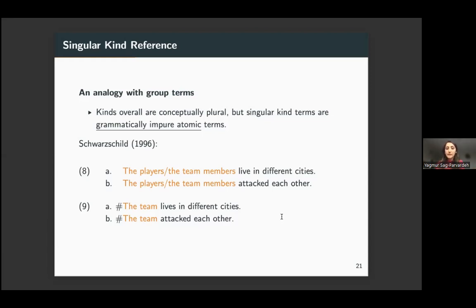We see the difference with distributive predicates, for example, take "attacked each other." You can say the players attacked each other or the team members attacked each other, but when you say the team attacked each other, it is odd. This is because the group term is singular in form, despite the conceptual plurality it has, while the plurality itself is plural in form and also conceptually plural.